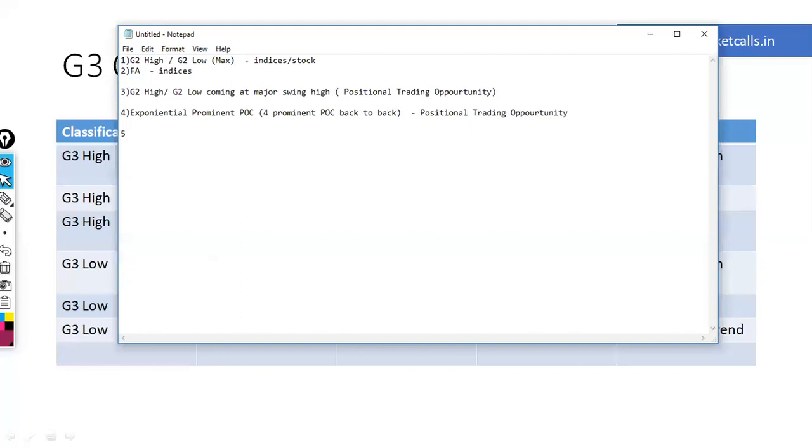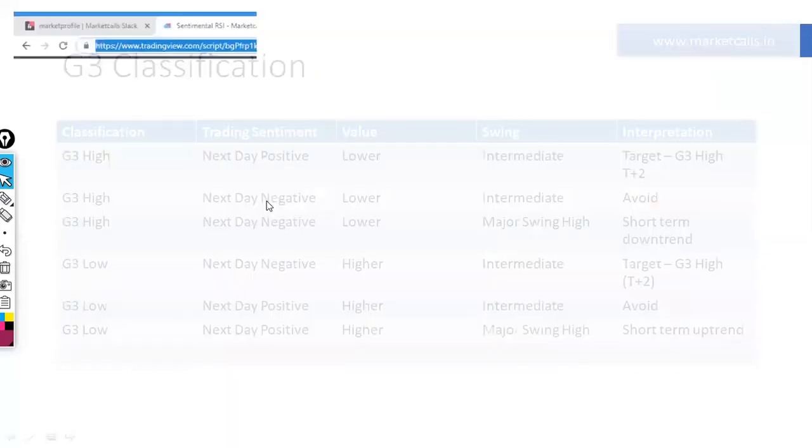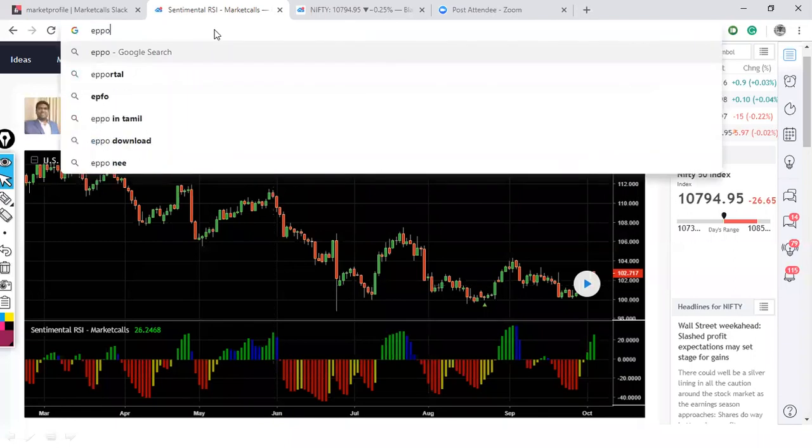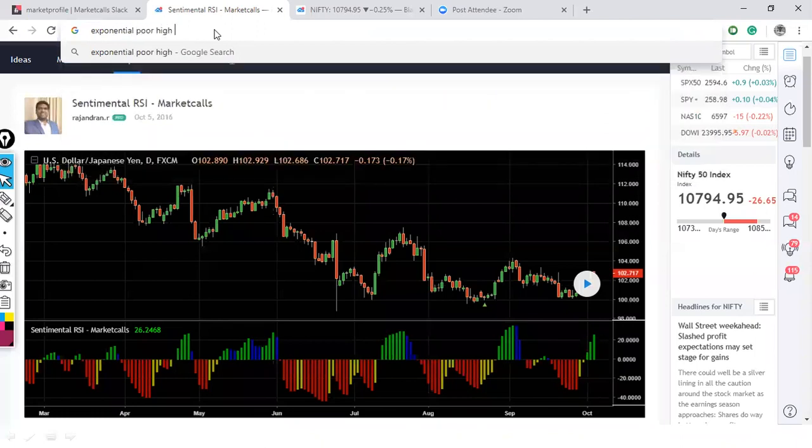And fifth, exponential poor lows or poor highs. Again, it once happened recently in US markets. That also I recorded. Maybe I'll show you those articles as well. We call that an exponential poor high.